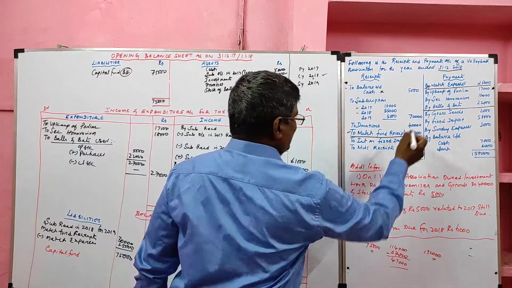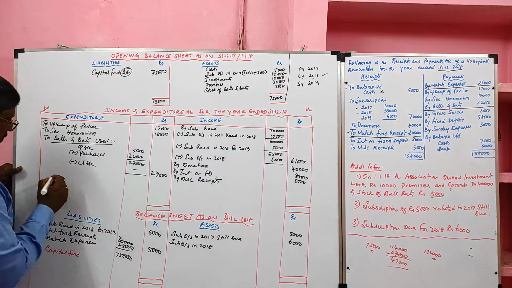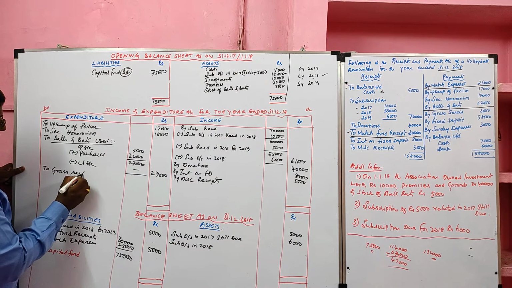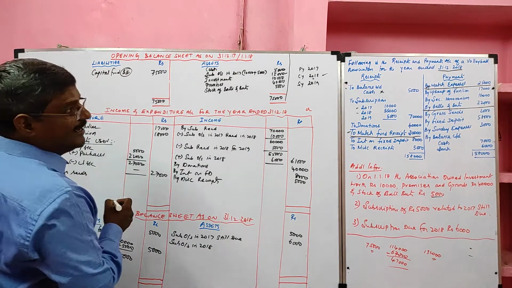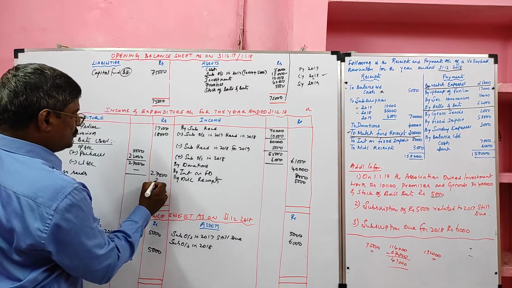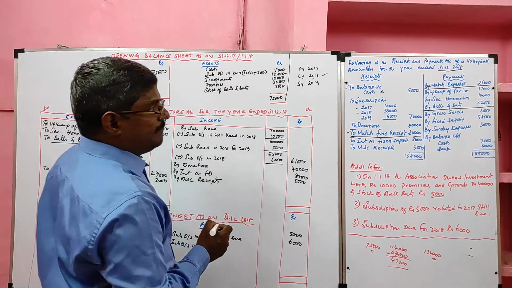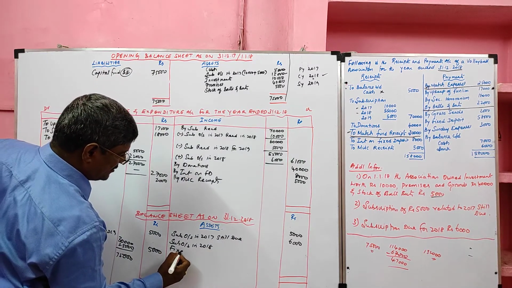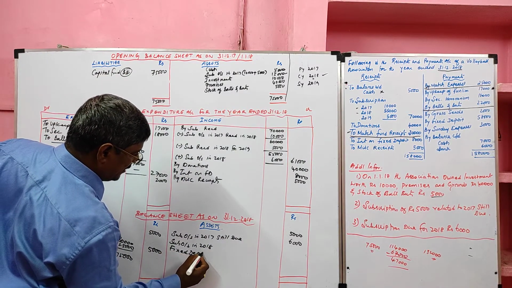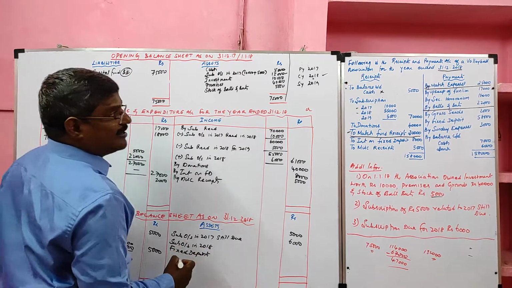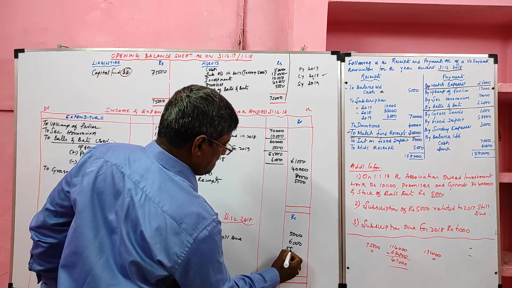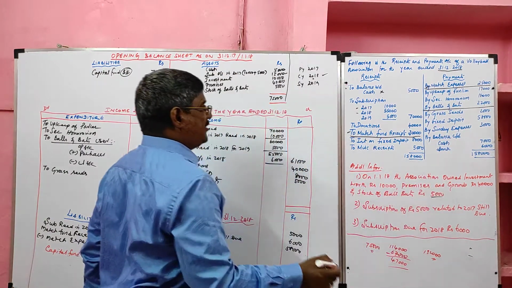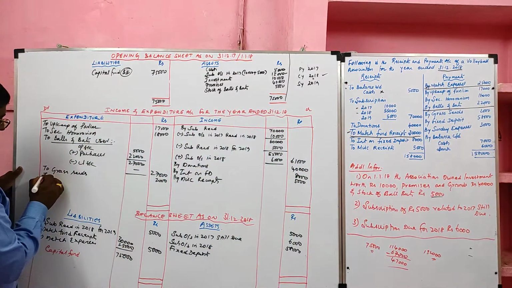Then we have grass seeds is a revenue expenditure. Grass seeds is a revenue expenditure recorded in the expenditure side, value 2,000. Then fixed deposit is a capital expenditure. Recorded in the asset side. Then sundry expenses, the revenue expenditure recorded in the expenditure side.